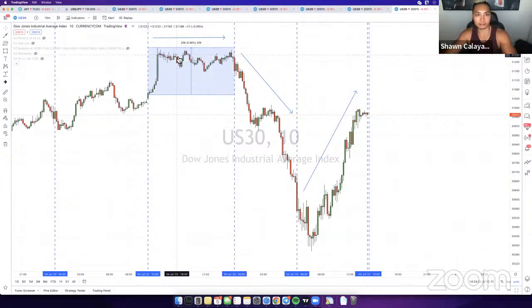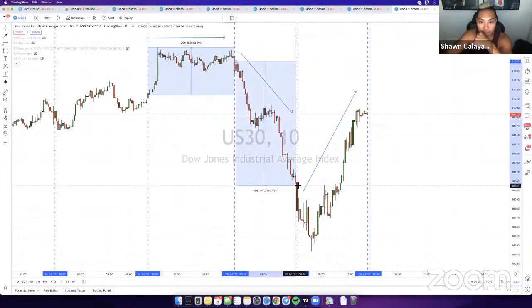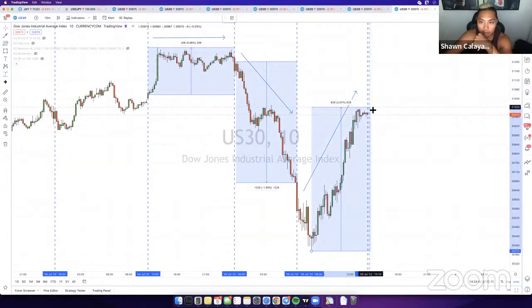It's not horrible, but it's not fast enough to catch bigger moves. Then here's London session, about 5,280 pips. And then here is New York session, a bit higher, 6,220 pips. So that's the difference between the markets.